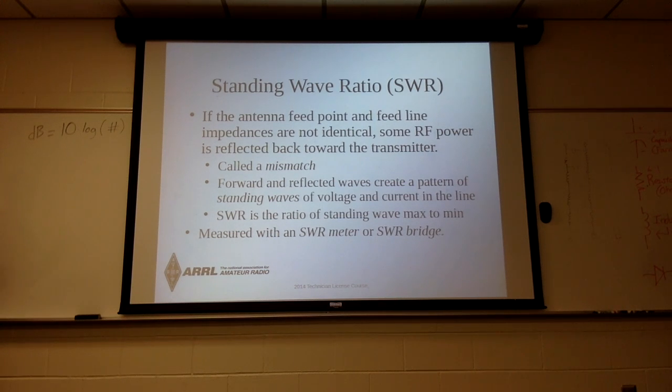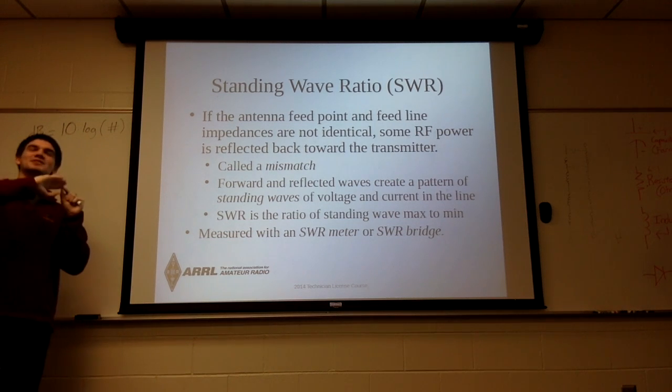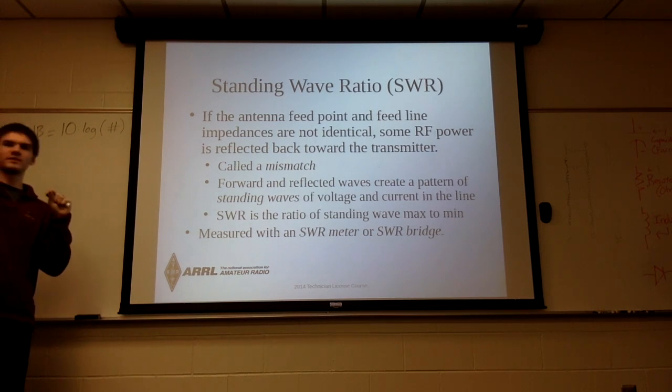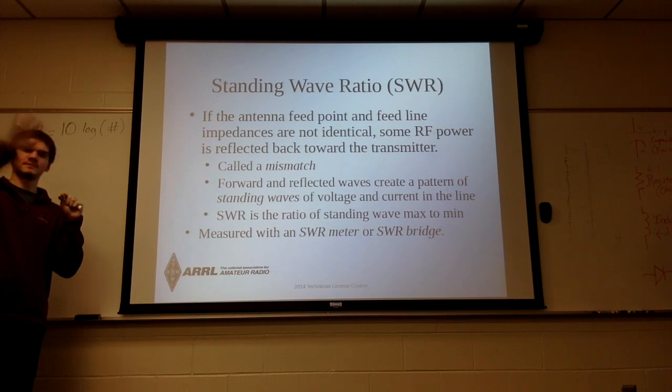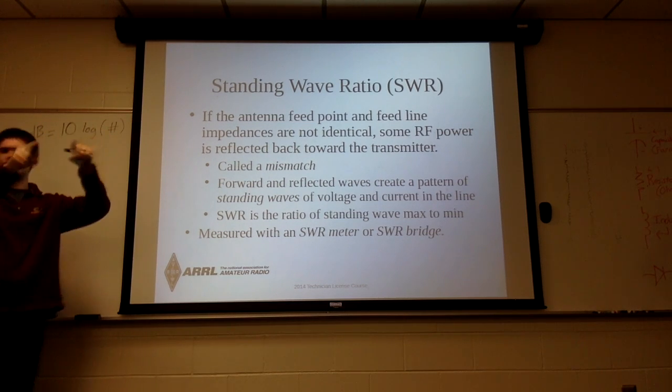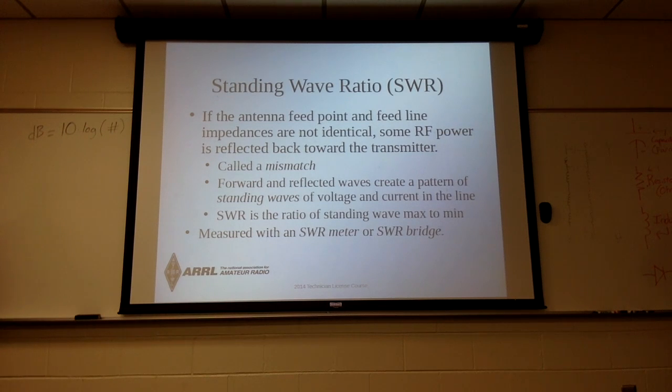So when you send out your radio signal, it has a certain amplitude, and the reflected value has some sort of amplitude, and the measure of those is your standing wave ratio. I hope I'm getting that right.